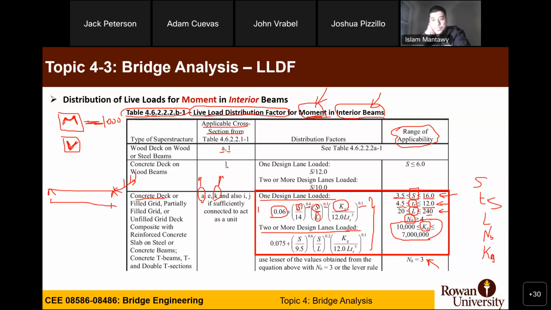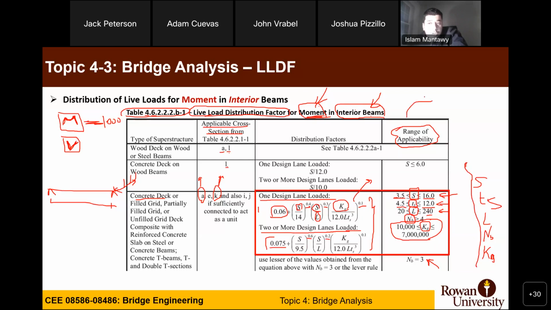Yeah. But if you have those parameters, just plug them in and get your factor. And for 2 or more lanes, you have another equation. It is very similar. Instead of 14, you have 9.5, the powers are different, and the constant is 0.075 instead of 0.06. So if you get those numbers from your cross section, you just plug in and get your live load distribution factor for moment in interior beams.